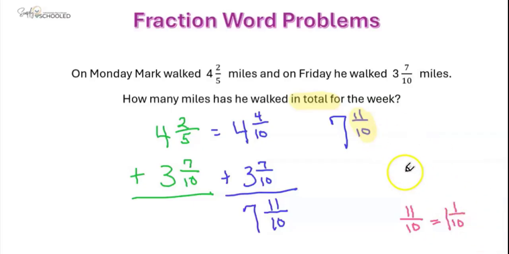So when we change 11/10 into a mixed number, that's what we get. So we can add the 1 to the 7 and say our final answer is 8 1/10. Again, that's simplifying our answer when we add and subtract mixed numbers in word problems.